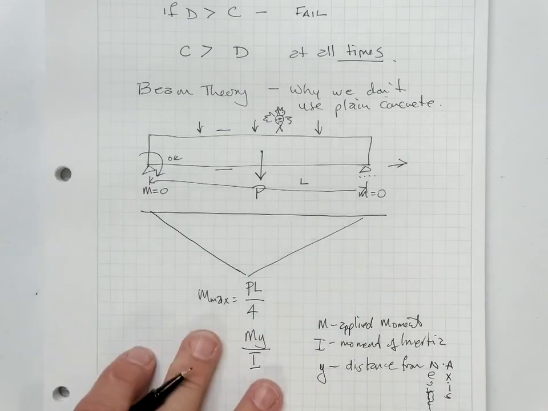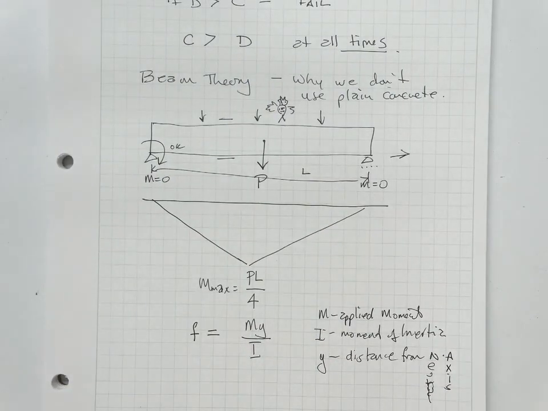Okay? And the neutral axis is the plane within the beam where the stresses are equal to 0.